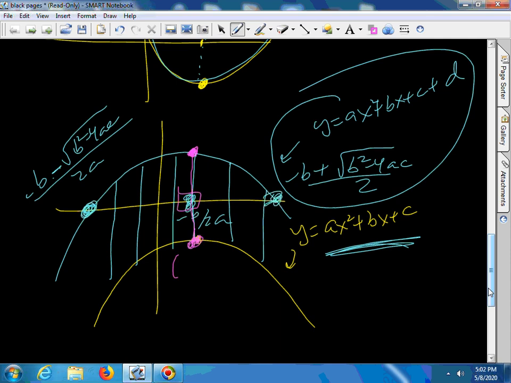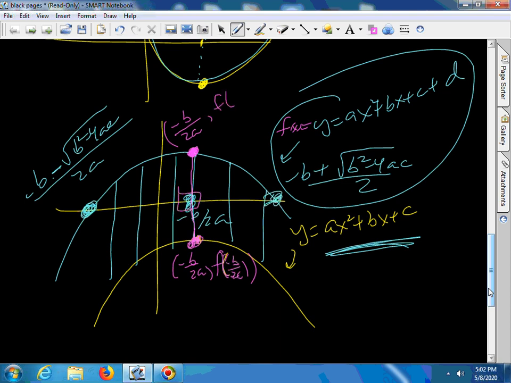This x value right here is negative b over 2a, and call the function f of x. The y value will be f of negative b over 2a. That one you're going to have to compute more rigorously. This point will definitely have negative b over 2a as the x value.